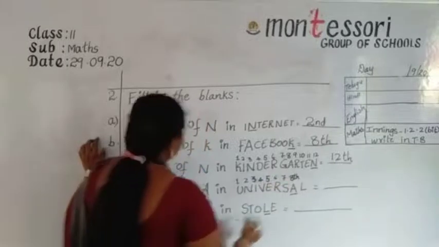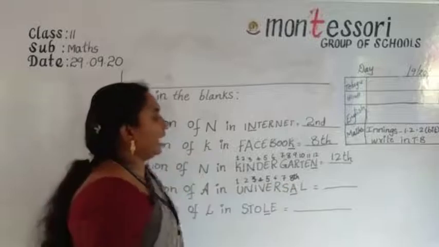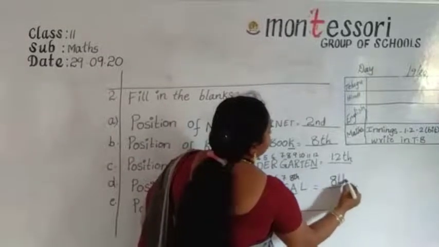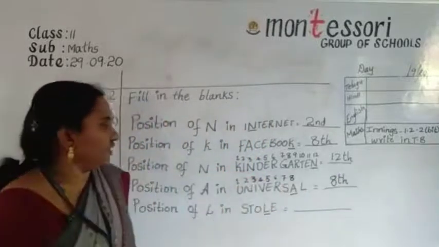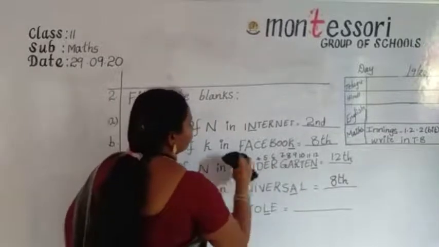The position of A in universal is equal to 8th position. Now I am writing here 8th. Then after finishing, you can rub the positions.